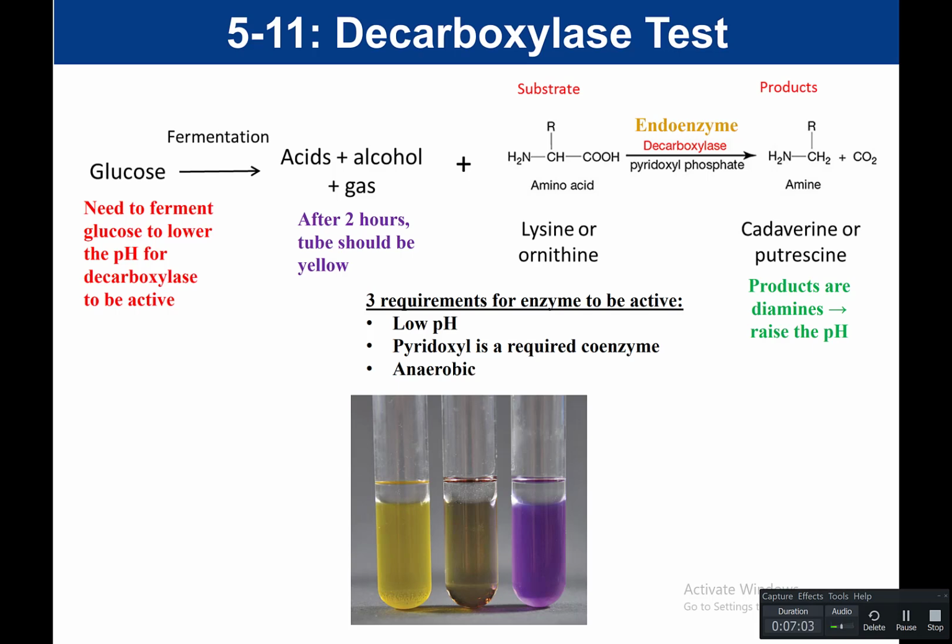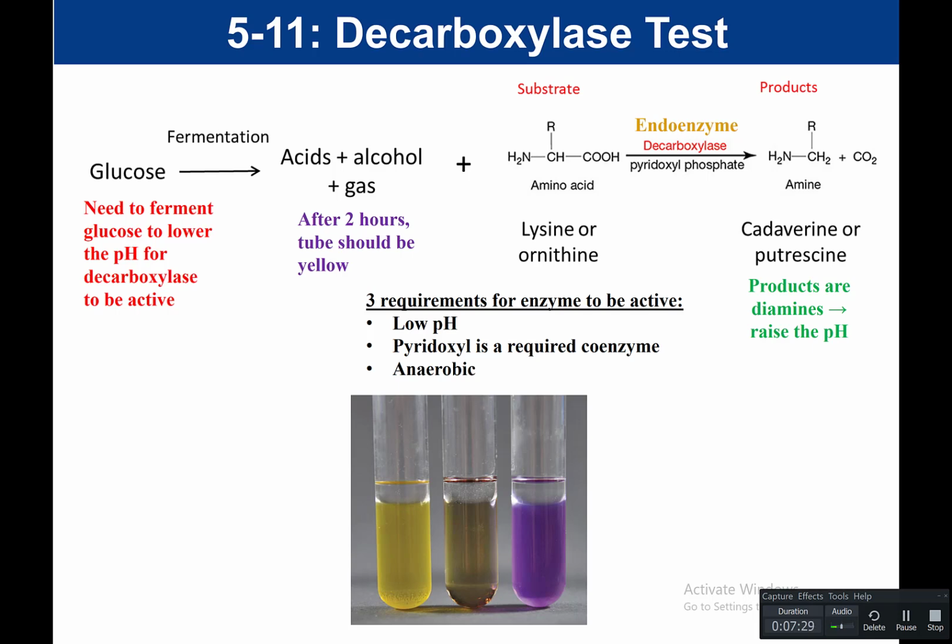For ornithine, the product is going to be called putrescine. You're going to see this in the next slide, and I'll talk more about this in a minute. But the products are going to be the cadaverine or the putrescine. They are diamines, and we're also going to get carbon dioxide, CO2. Notice that if this reaction occurs, those diamines are going to raise the pH.